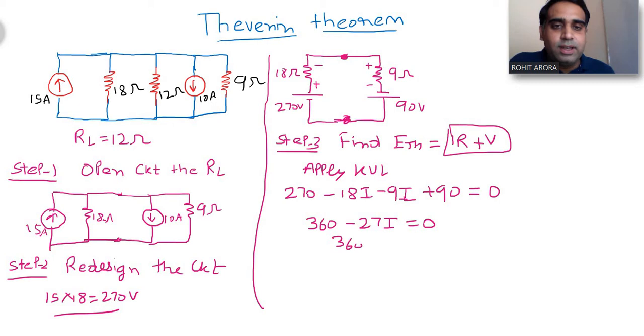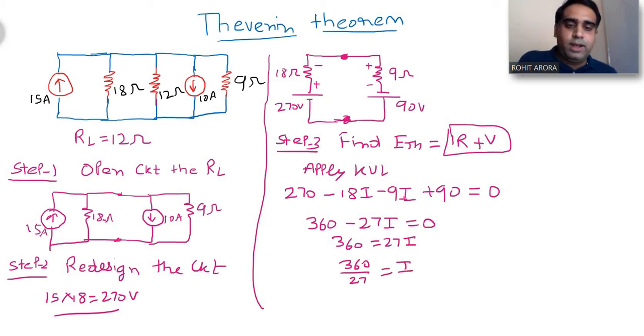Now 360 is equal to 27I, and 360 divided by 27 is equal to I. This value is 360 divided by 27, that is 13.33. The current I is 13.33 ampere.